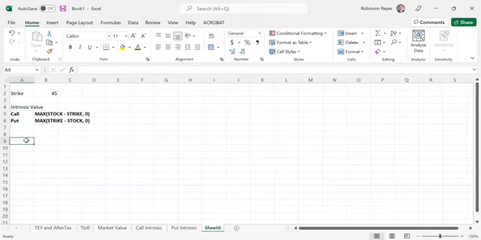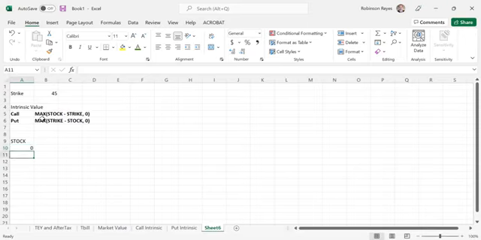So now let's assume we are evaluating all possibilities. We have Coca-Cola or Walmart or any stock price, and we are evaluating what happens with the value and the profit of our options in all possible scenarios, all possible prices for the stock.